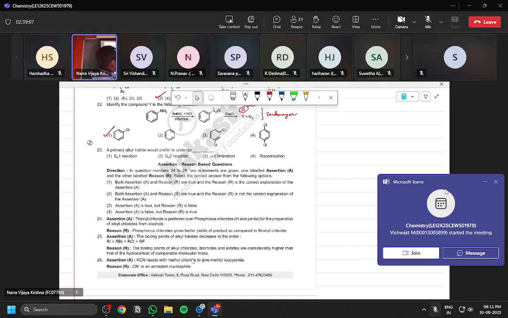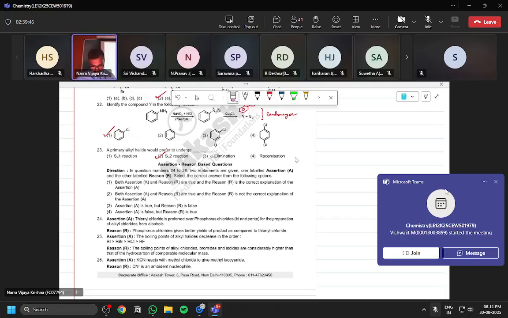So primary alkyl halide would prefer to undergo SN2 is correct. Alpha elimination also can be correct? No. To undergo alpha elimination should be primary polyhalide. Or it should be CHCl3, chloroform. To get halogens eliminated, it should be polyhalide, not one single alkyl halide. So answer should be SN2.